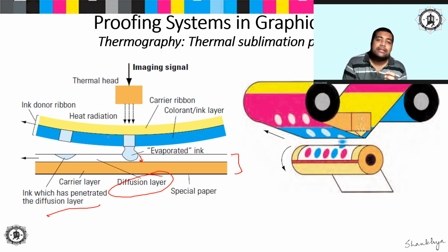The diffusion layer present on top of the special paper determines how much absorption will actually take place onto the paper. So ultimately, as you can see, the overall amount of ink formed in a particular area is determined by the diffusion layer and also by the amount of heat that is generated.